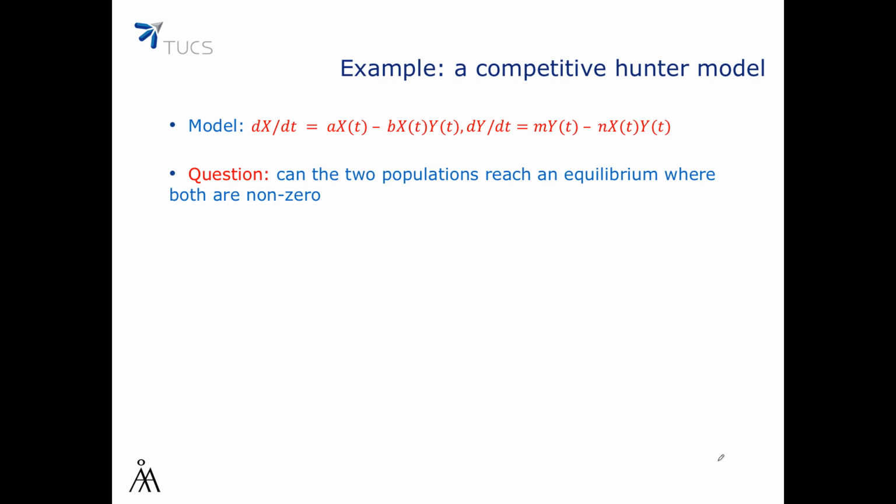And so the question is going to be, can the two populations reach an equilibrium? To answer the question, it's enough to find the points where the functions on the right-hand side of the two equations are zero.